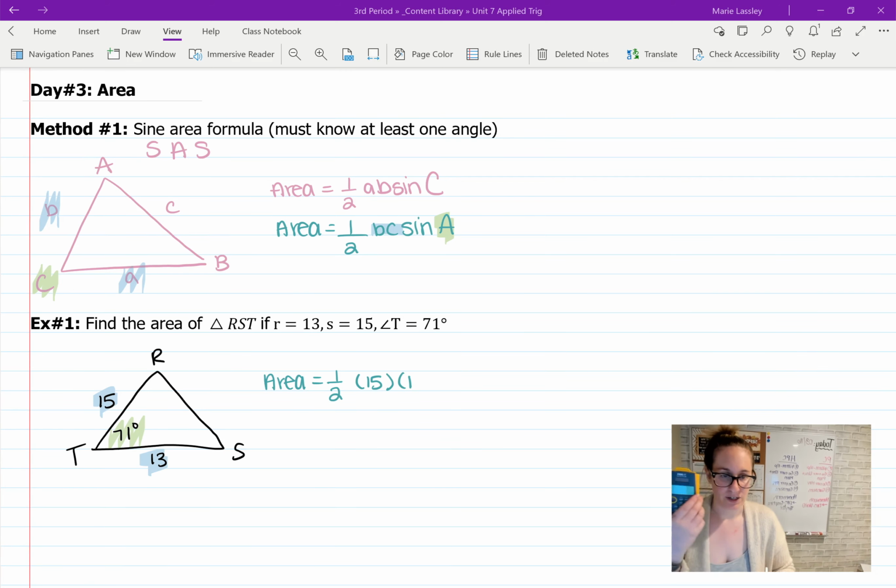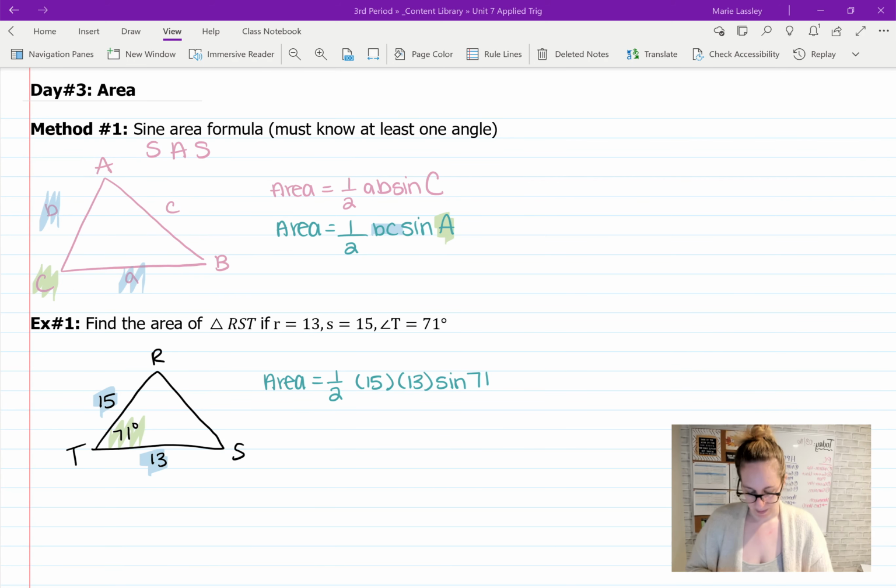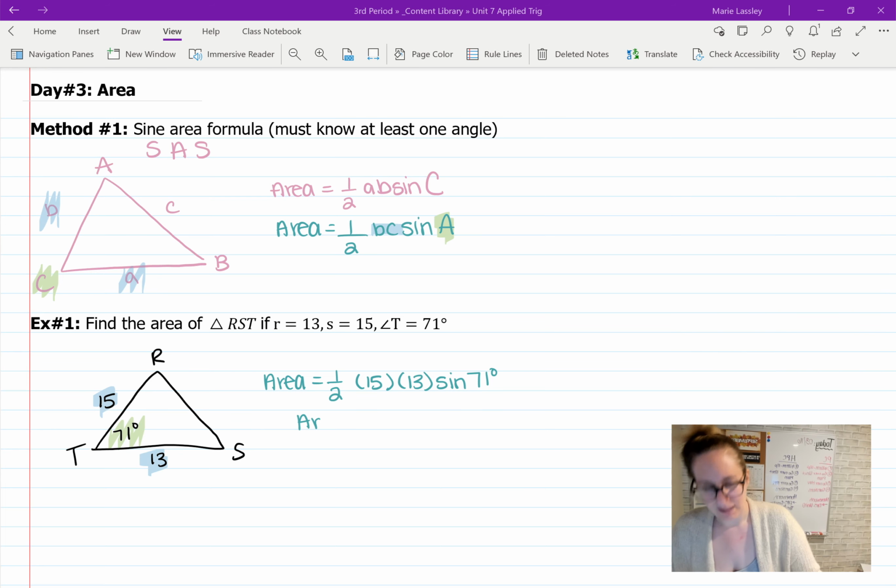Going to our calculator, making sure we are in degree mode, and I am in degree mode. We need to type this in: 1/2 times 15 times 13 times the sine of 71, enter. This is going to give me my area. It doesn't say to round, so I would say round to the nearest tenth.